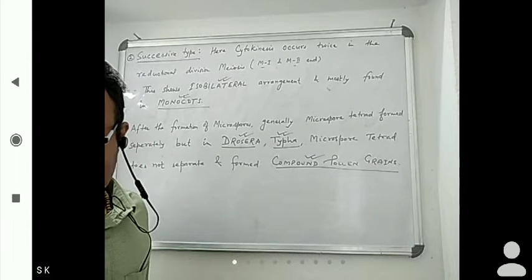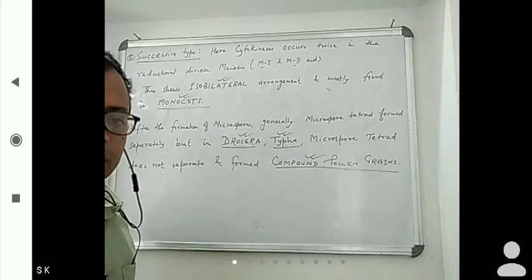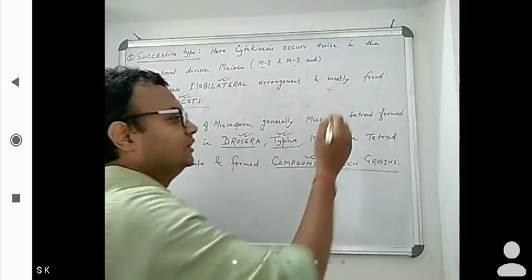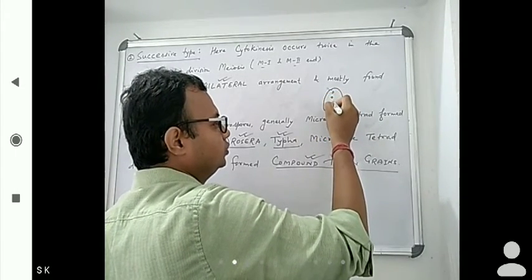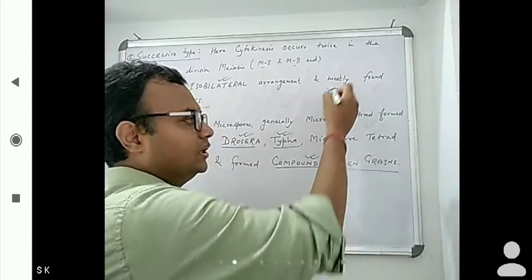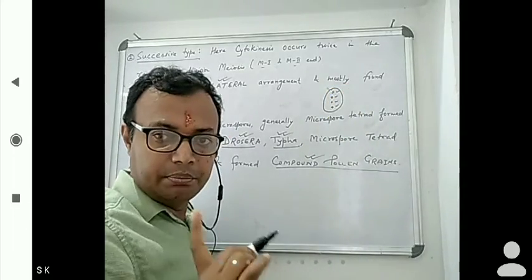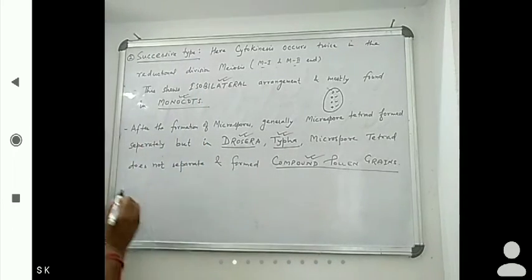Compound pollen grain. Okay. Now, one more question is there. Generally, what happened? The microspore tetrad, 1, 2, 3, 4. These 4 are functional in nature, but in Cyperaceae family, that you have to remember, note me.